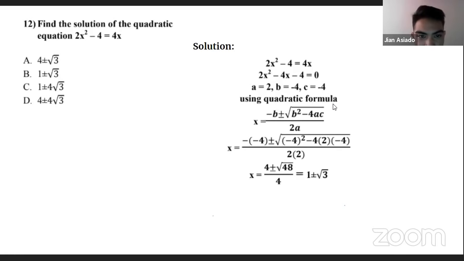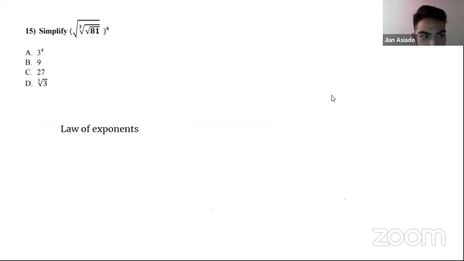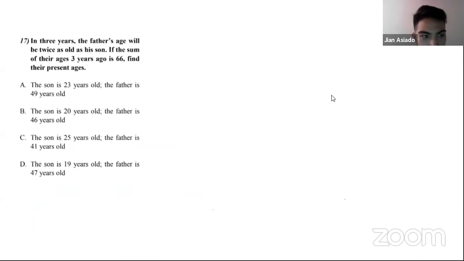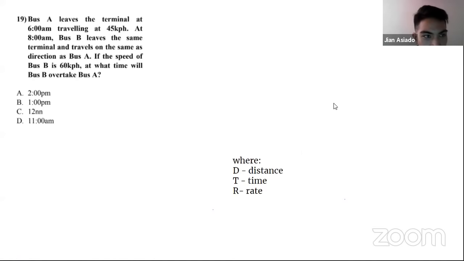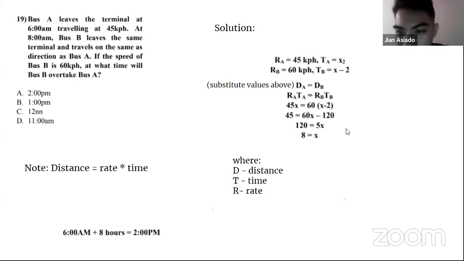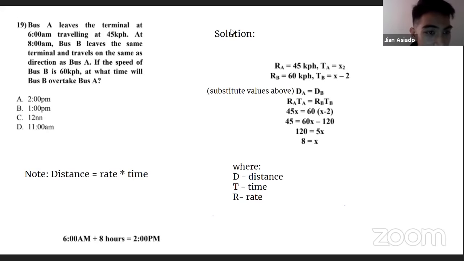So number 19 po, bakit po naging x minus 2 yung time ng bus B? Number 19. Naging x minus 2 yung time ng bus B because 2 hours late siya, no?